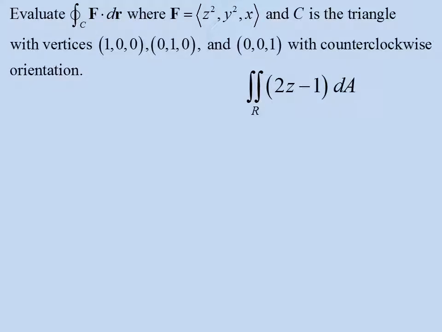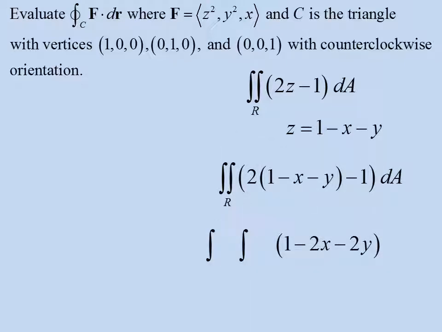Now that comes out to be just 2z minus 1. Now we're trying to evaluate this in some region in the xy plane. So we're going to take the plane and substitute for z the 1 minus x minus y.